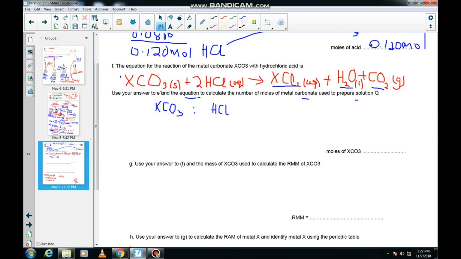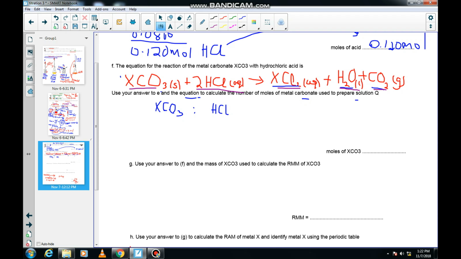The next question says, the equation for the reaction of the metal carbonate with hydrochloric acid is X carbonate in solid form plus 2 moles of hydrochloric acid in aqueous form gives aqueous X chloride plus 1 mole of water plus 1 mole of gaseous carbon dioxide.